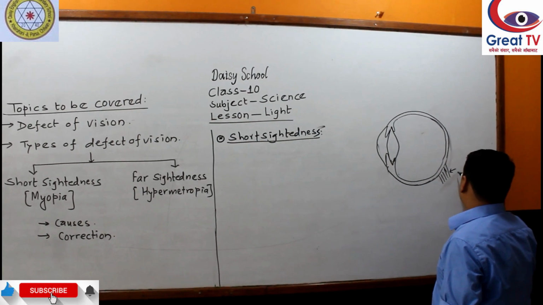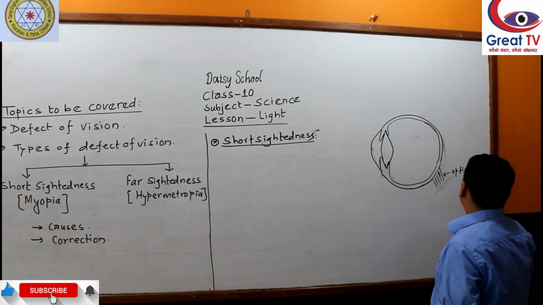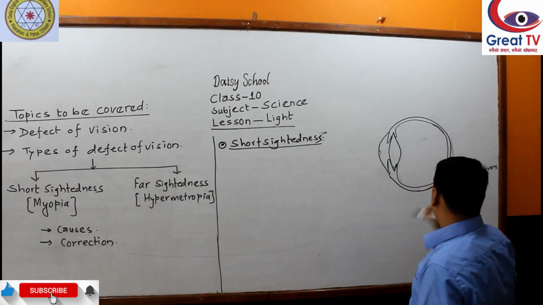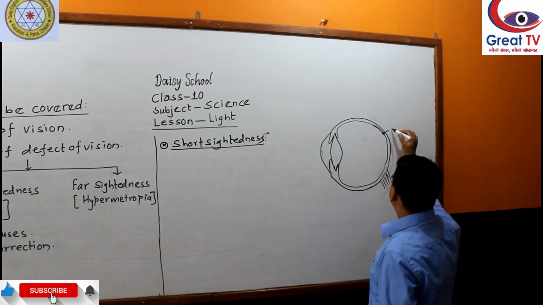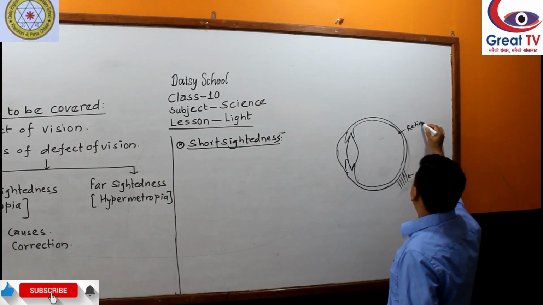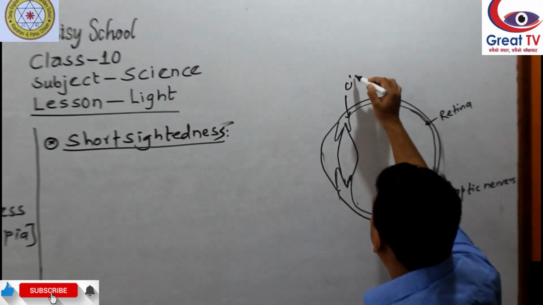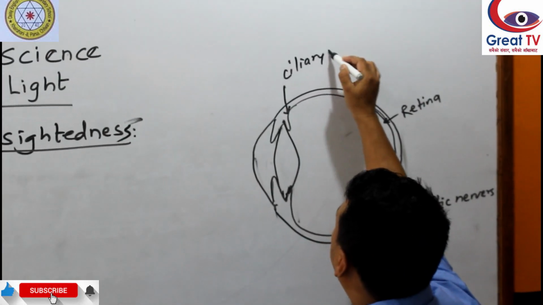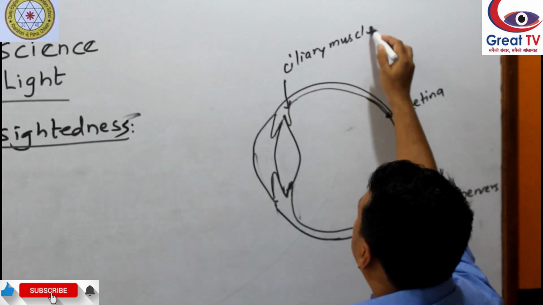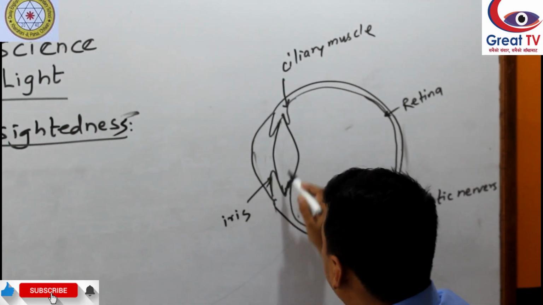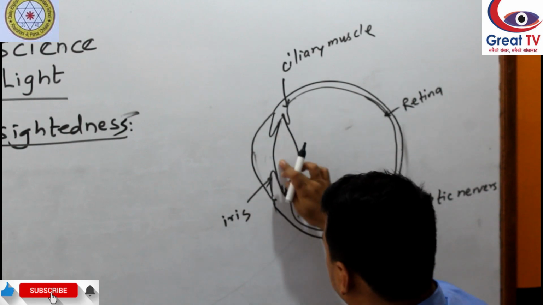This is the optic nerve, which is connected to the brain. This is the retina, this is the ciliary muscle, the front part is the iris, and this is the human lens or eye lens, as we say.